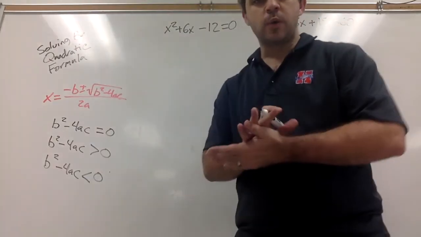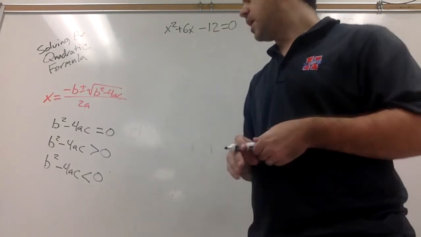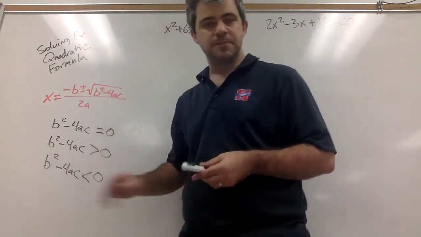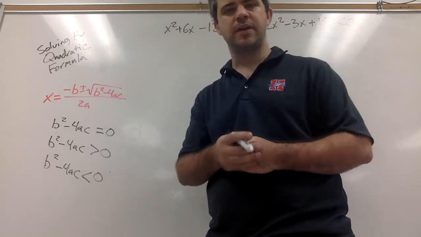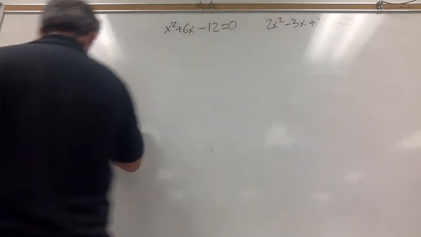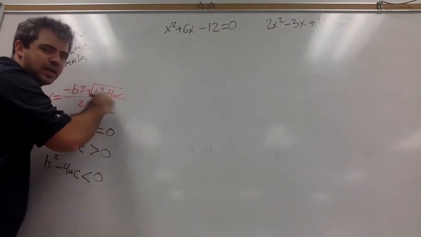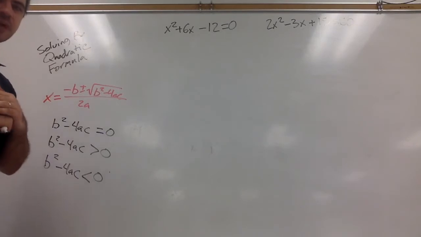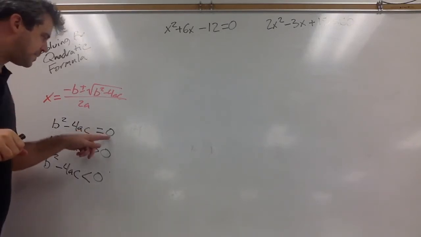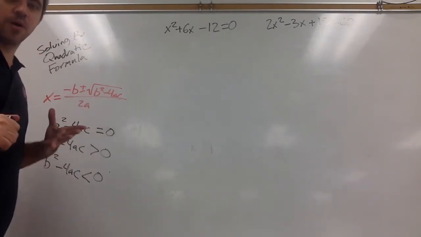All right, before we go any further, I want to talk a little bit about the discriminant and what it means and why we hone in on it. So remember, the discriminant is this guy right here in our quadratic. That's right after that plus and minus. So let's think about what's going to happen if our discriminant is 0.